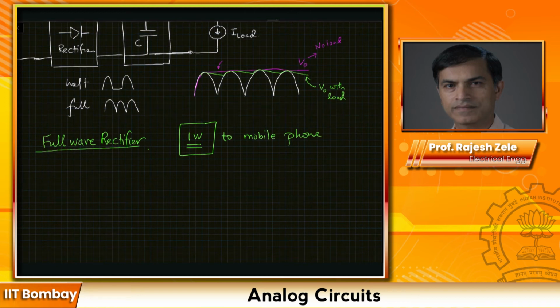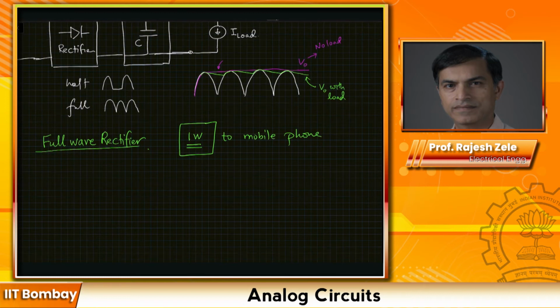The next important number that you will see on the charger is wattage. The output voltage is going to be 5 volts, and it can deliver so many watts to the load. That's an important number because with advances in cell phone technology and battery technology, the charger ratings have gone up substantially.